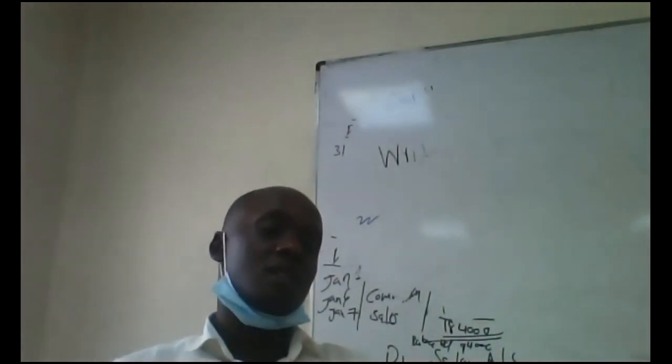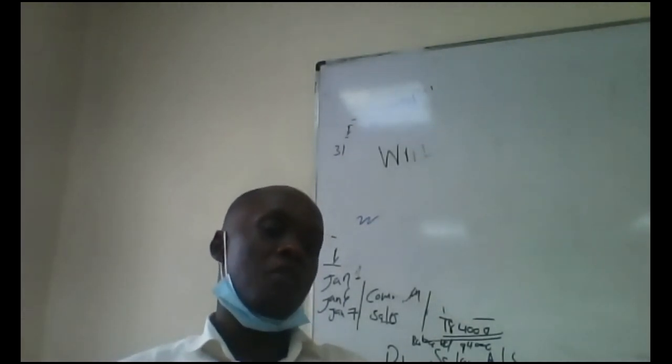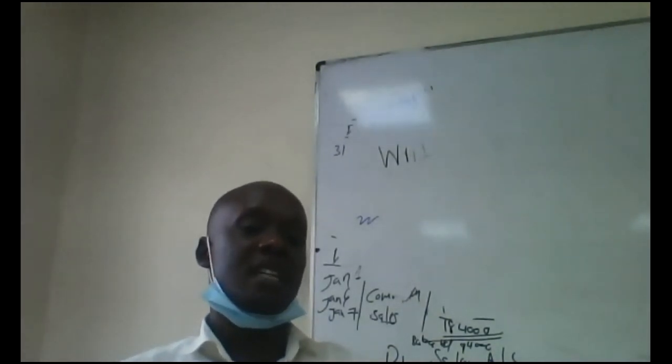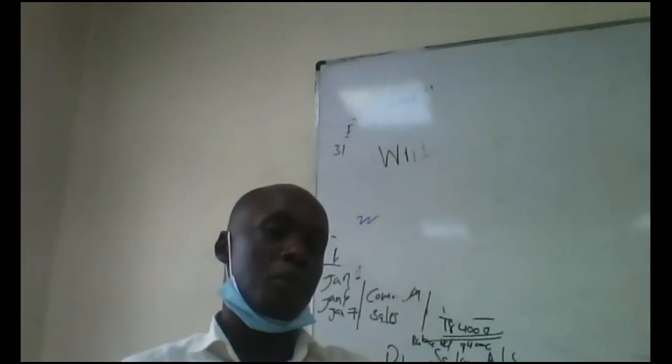So you have 7 units in the diploma. Number 1 is structured programming. Number 2 is operating system. Number 3, computational mathematics. Number 4, computer applications 1. Number 5, IT and ethics. Then you have entrepreneurship.